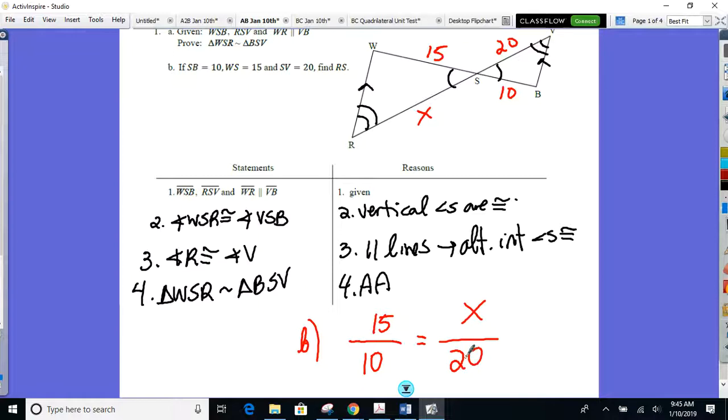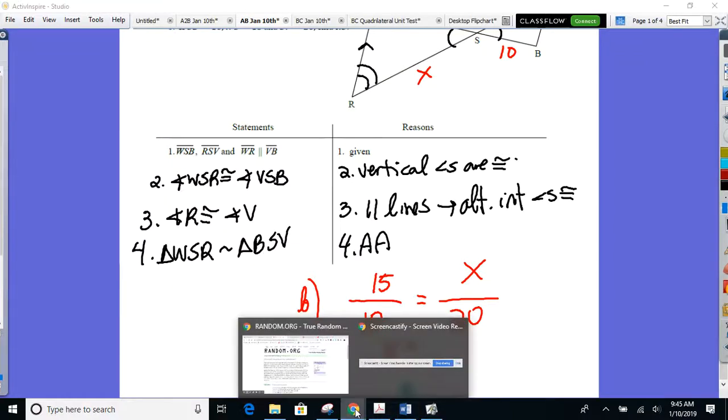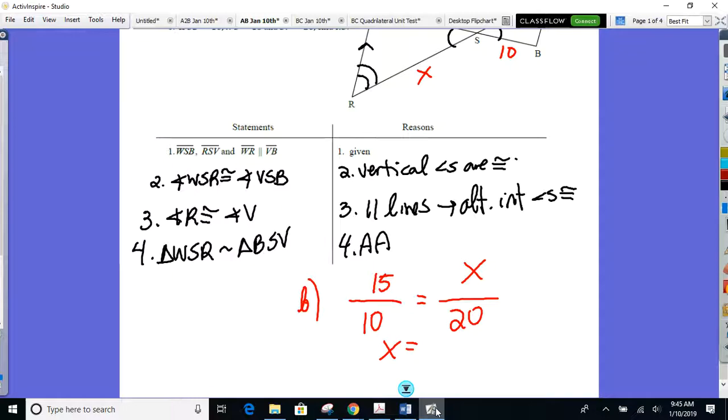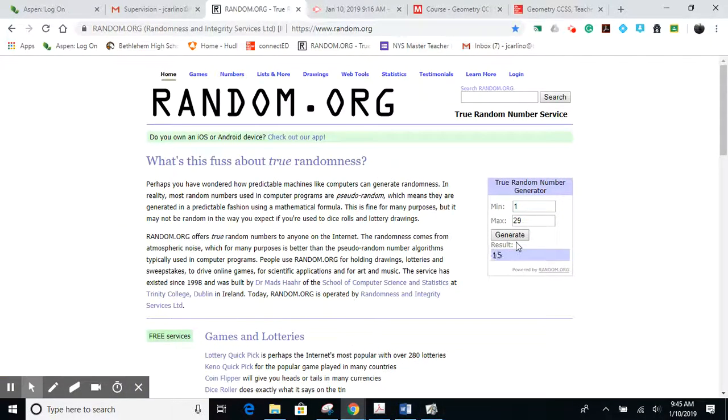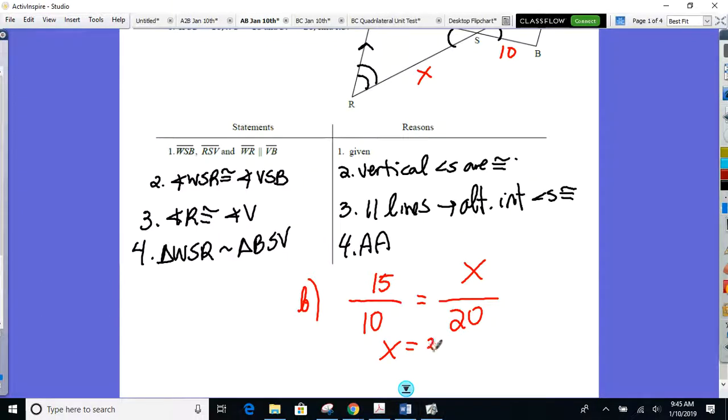Multiple ways you could write that ratio, just as long as you're cross multiplying 10 and x and 15 and 20. I'm not going to do those for free. Whenever you're ready, let me know what x ends up being. 30, thank you.